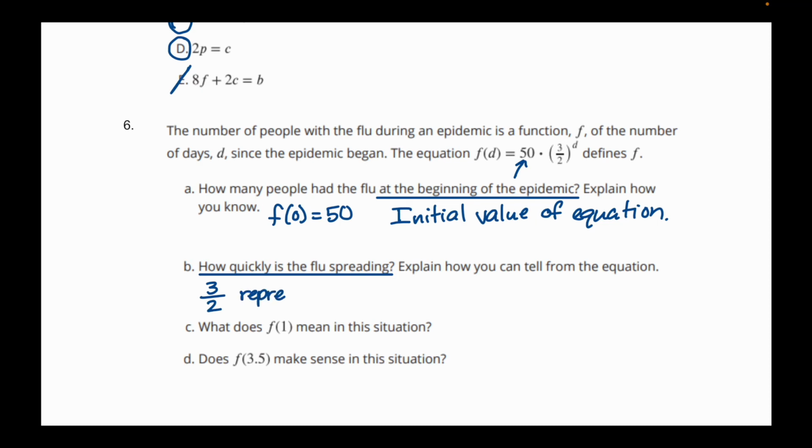represents how fast it grows or spreads. It's not growing, it's spreading.